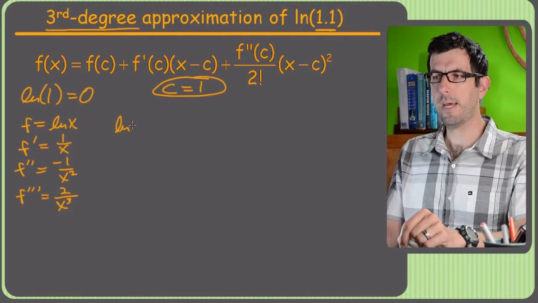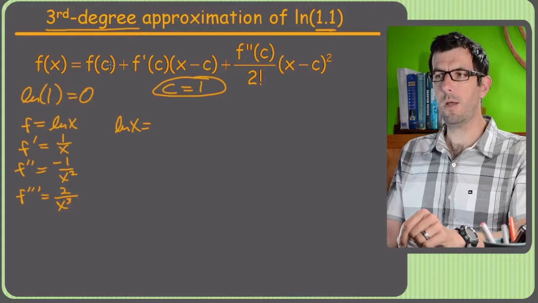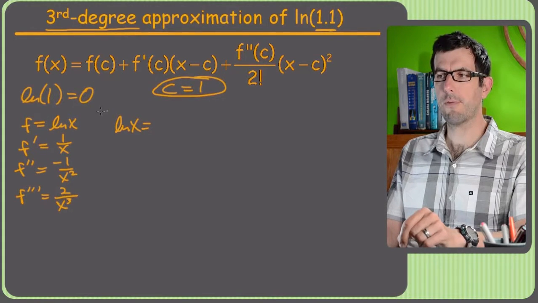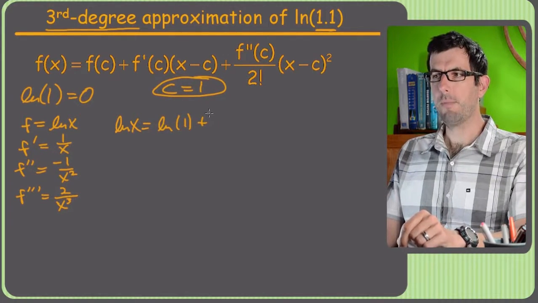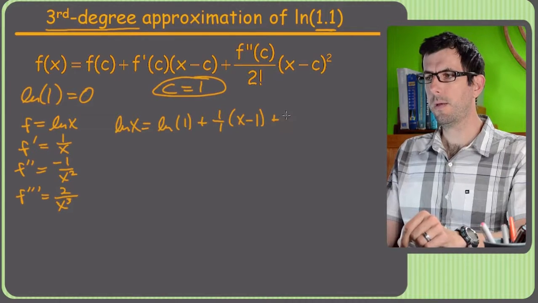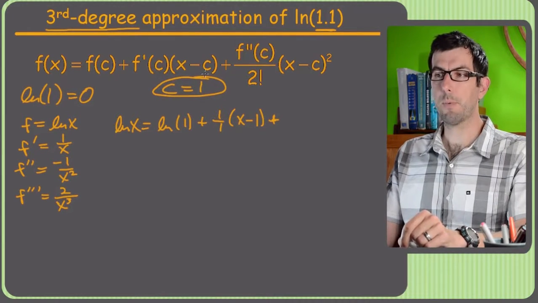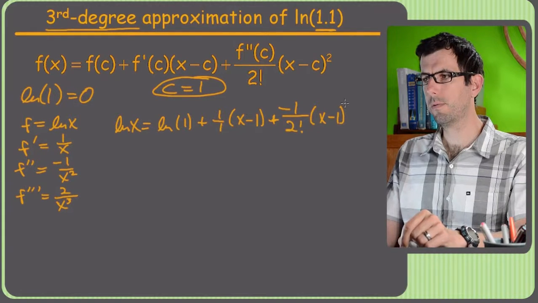All right, so ln of x, we're going to say is actually equal to f of 1, so natural log of 1, plus f prime of 1, which would be 1 over 1, times x minus 1, plus f double prime of 1, so that's negative 1 over 1, over 2 factorial times x minus 1 squared.